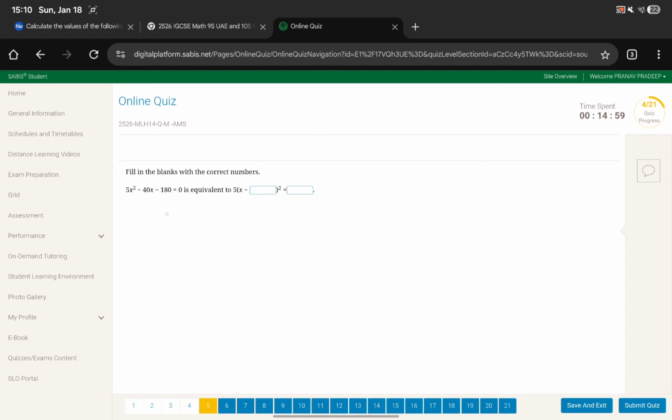Here is a bit tricky, but I'm pretty sure that you might have done this kind of question before. x squared minus 40x equals, take 180 to this side. I'll tell you in a minute, because if you try solving the equation like this, you're not going to get it in this form. So just put this outside.